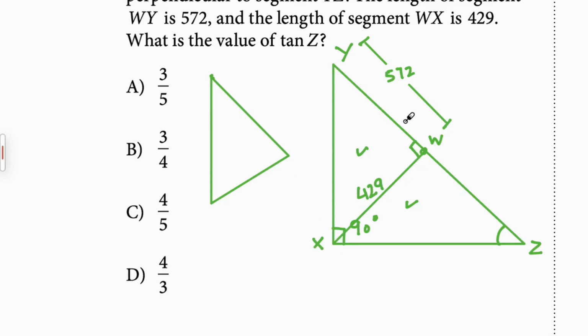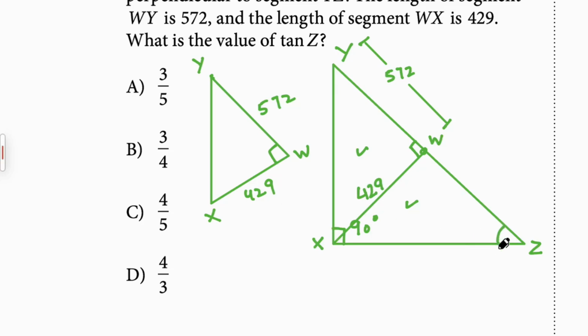Let's see what we can do, because I have drawn a small triangle. The purpose behind this is that in this triangle values are given to me, right? These two values are given to me, 572 and 429. So the first idea I am getting from here is, why not take this small triangle?